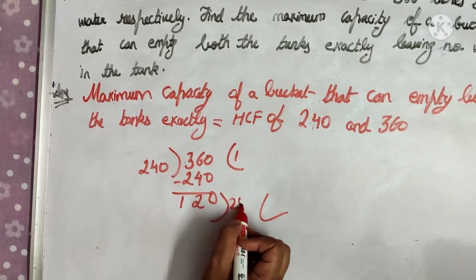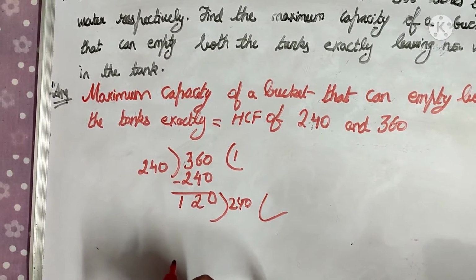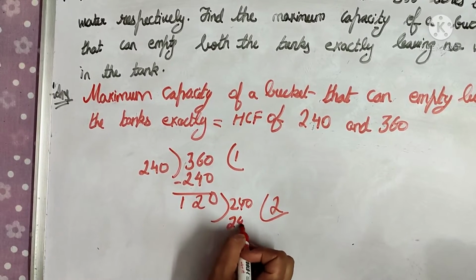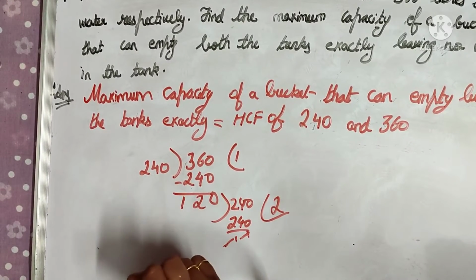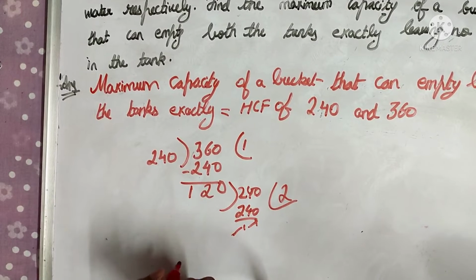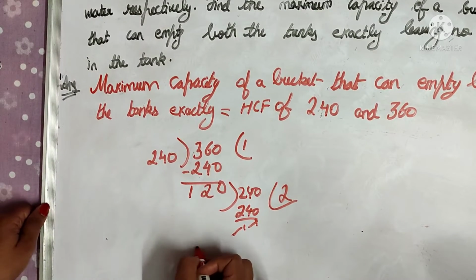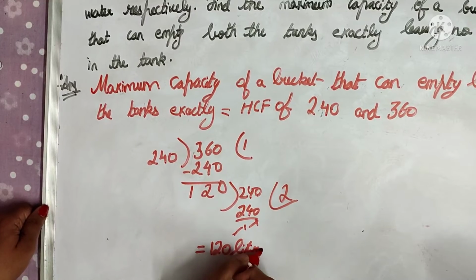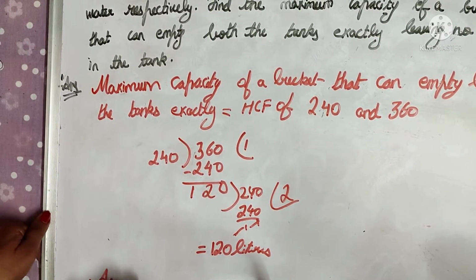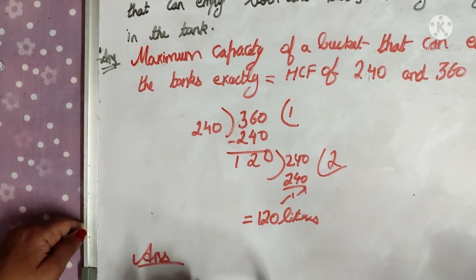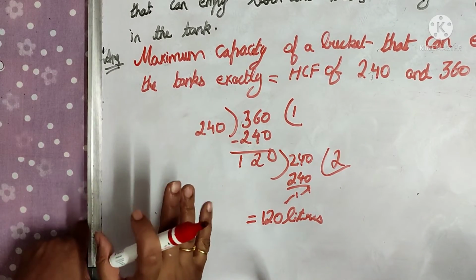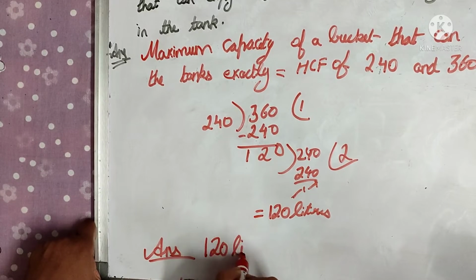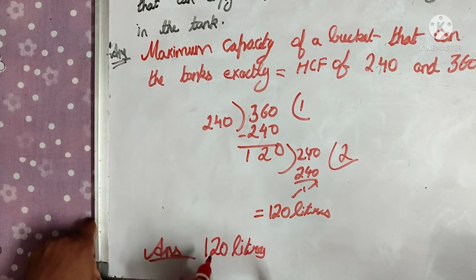Now this will be the divisor and 240 will be the dividend. 120 twos are 240. So the HCF of 240 and 360 is equal to 120 liters. That means the capacity of the bucket that can exactly empty both the tanks will be 120 liters. Okay.